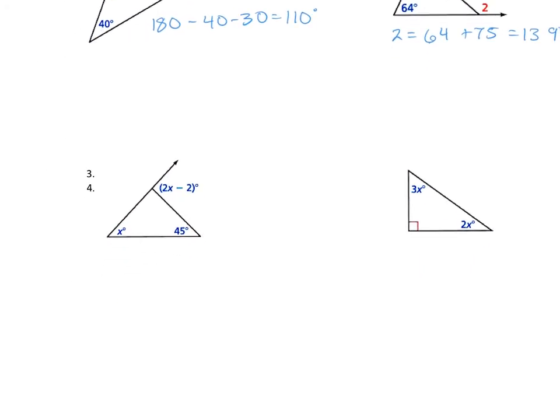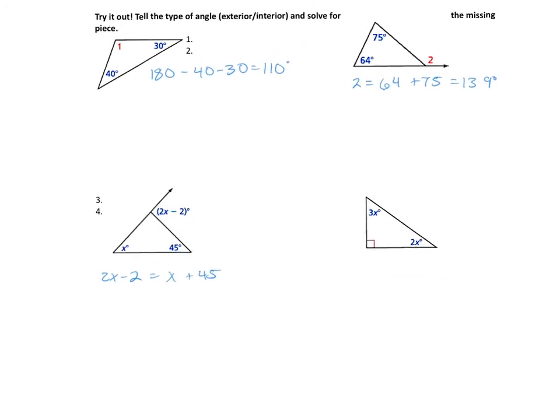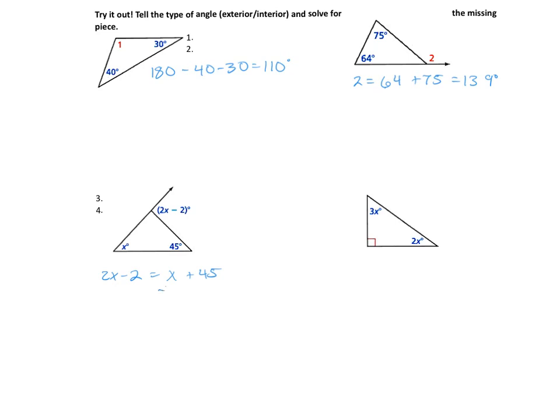Number 3, we have some variables, but the same rule applies. I know that the exterior angle, which is 2x minus 2 degrees, must equal the other angles on the inside that aren't touching it. So it's x plus 45. Now, all I have to do is find x. I'm going to subtract x from both sides. This gives me x minus 2 equals 45.